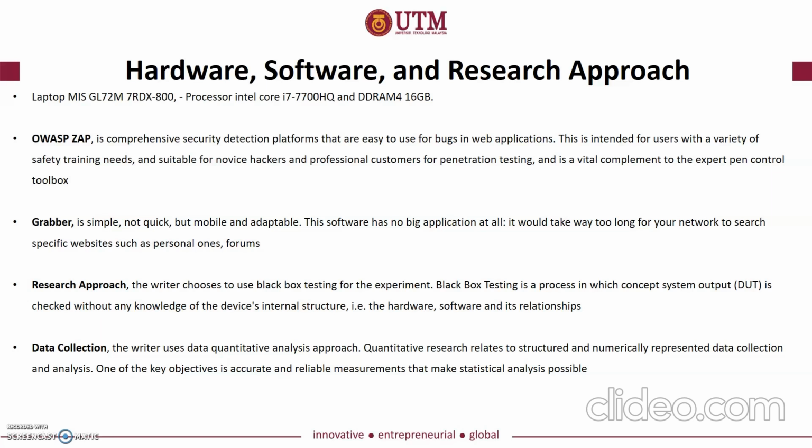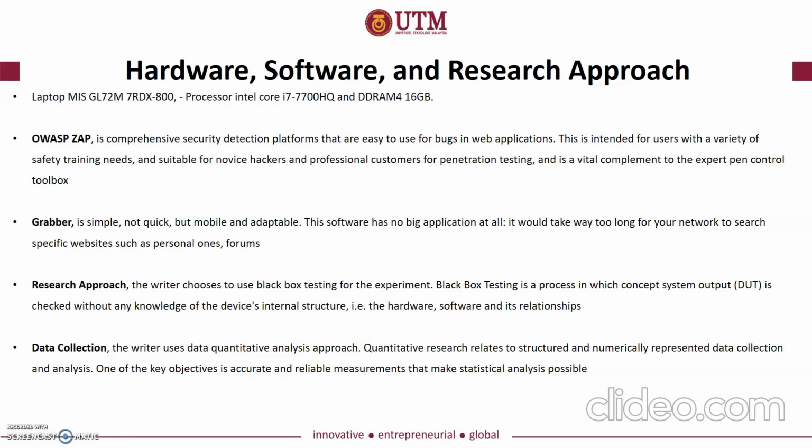Grabber is simple, not quick, but mobile and adaptable. The software has no big application at all, and it will take way too long for your network to search. And for the research approach, the writer chose to use black box testing for the experiment.